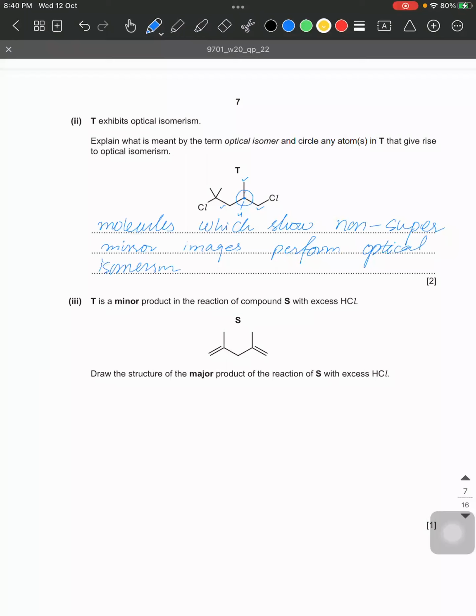Right, now they are saying in part 3 that T is a minor product in the reaction of compound S with excess hydrochloric acid. Draw the structure of a major product of the reaction of S with HCl. S is going to react with HCl, and they're asking for the major product, and we know that H always moves towards where the number of H's is greater.